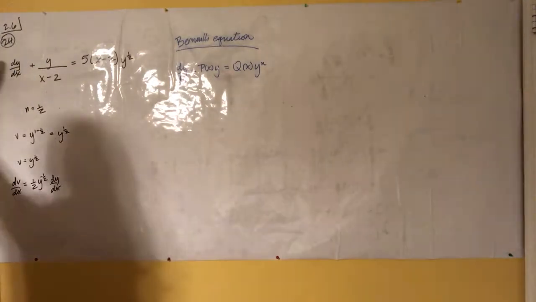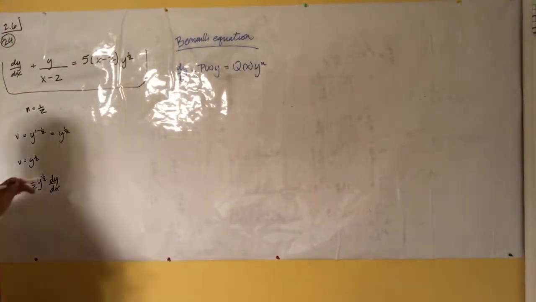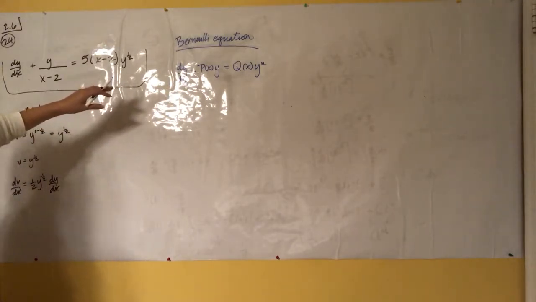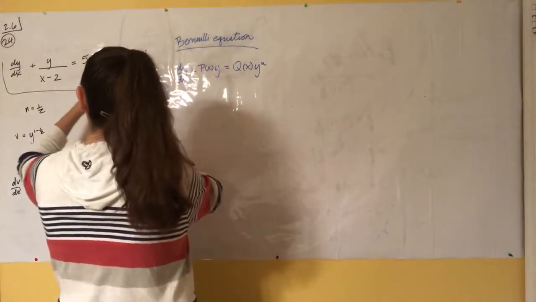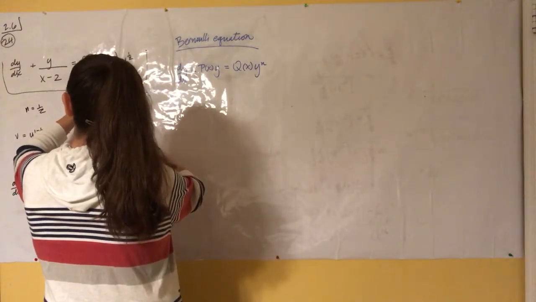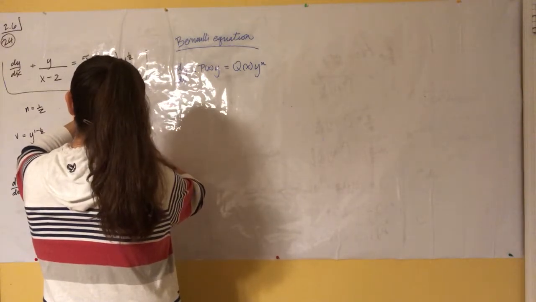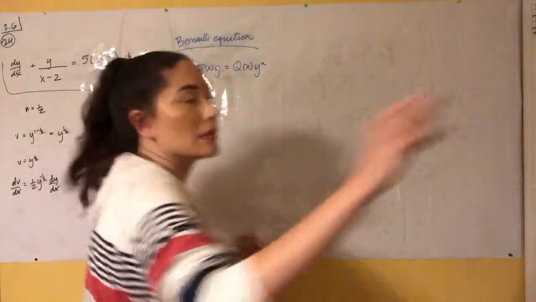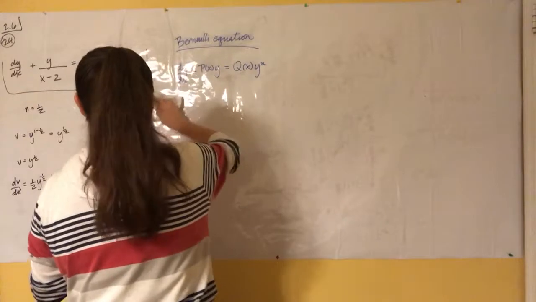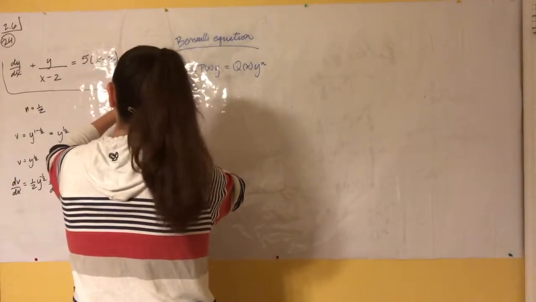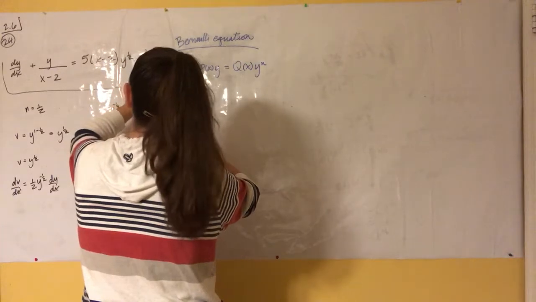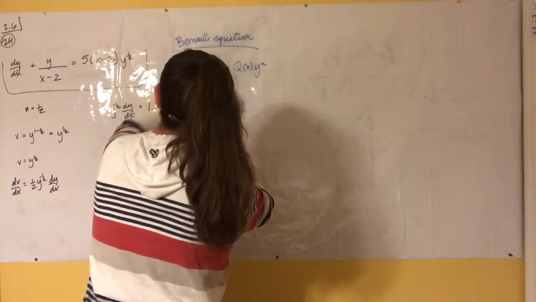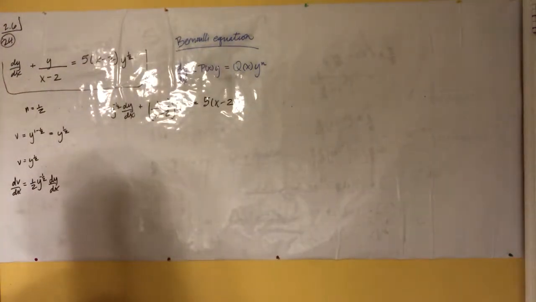So what you want to do with this original equation is divide everything by y to the 1/2, y to the n. Okay, now we use our substitution.